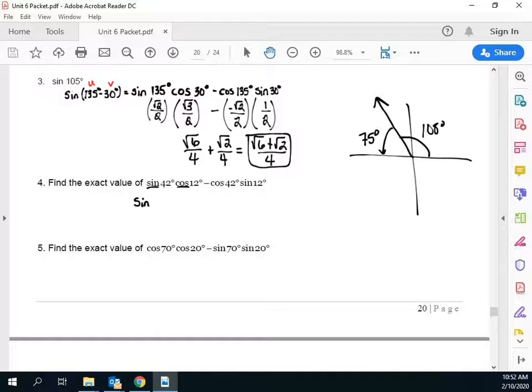And its difference? To be thorough, I'm going to go ahead and label the u and v. So now I'll say it's the sine of u minus v. That's straight from the formula. Well, u is 42 and 12 is v.